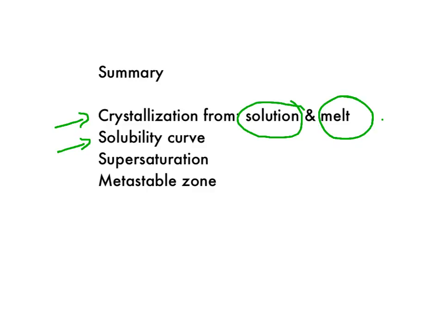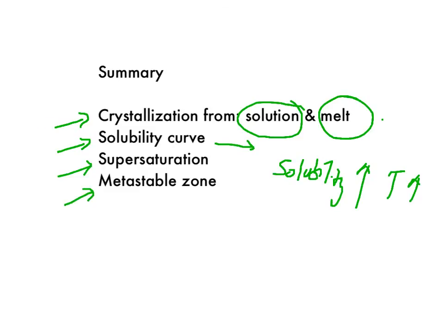We can plot the percent of solute against temperature, and we can determine the equilibrium solubility value of the solute at different temperatures. We have seen that the solubility increases as we increase the temperature. And we have defined the meaning of supersaturation and the metastable zone.